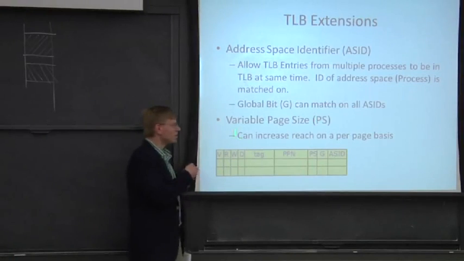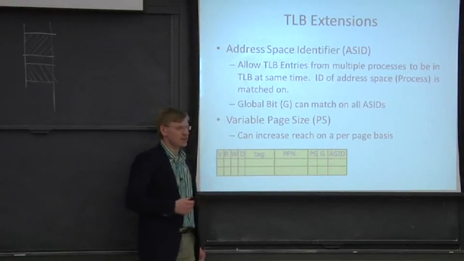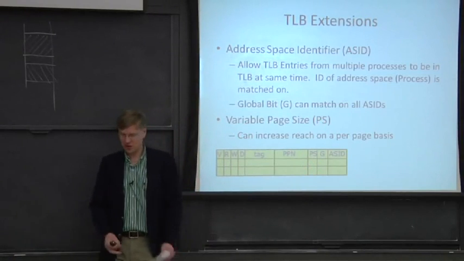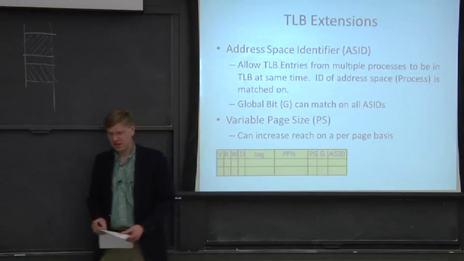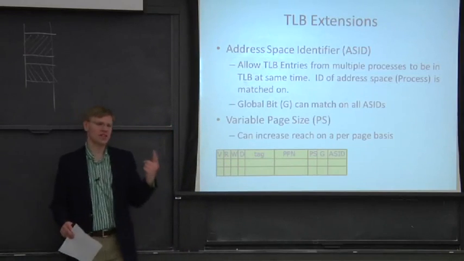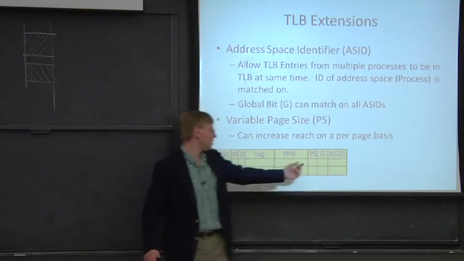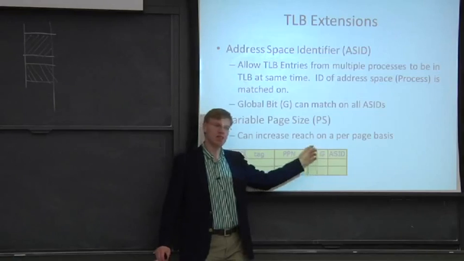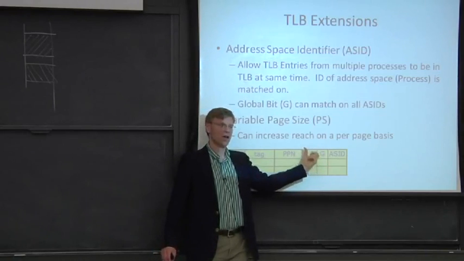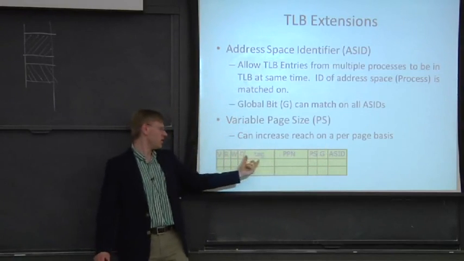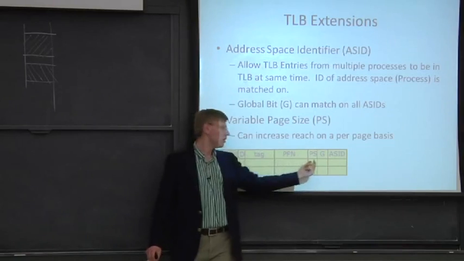And then finally, a neat extension here is to have variable size pages. Instead of our basic TLB, which has, let's say, one page size, 4 kilobytes or 1 megabyte or something like that, you have some bits in the page table entry which say, this is not part of the match. Well, actually, this is part of the match, I guess. You do have to look this up, because it changes how many bits of the tag to look at.